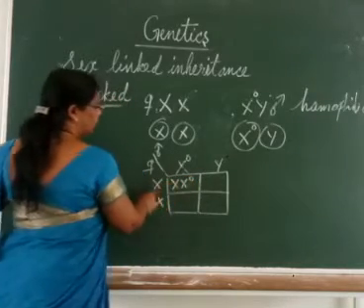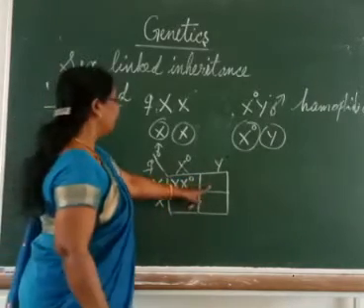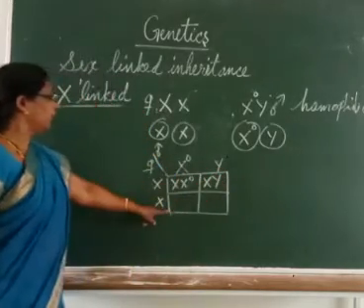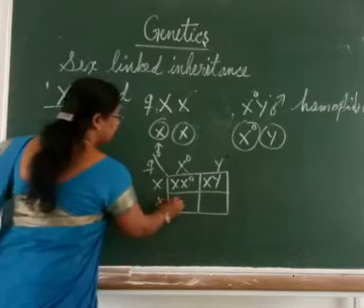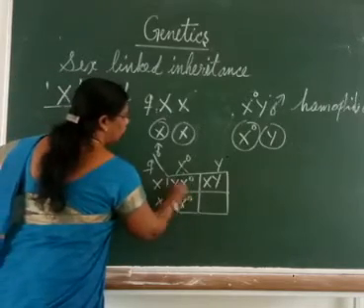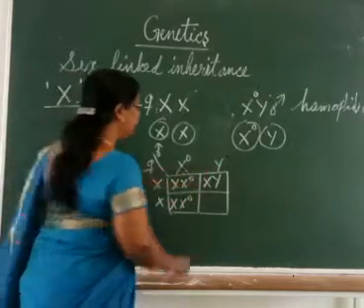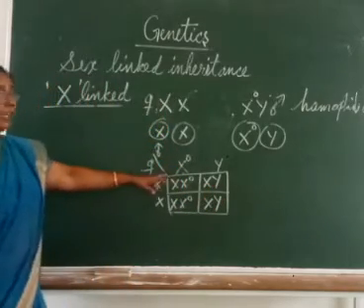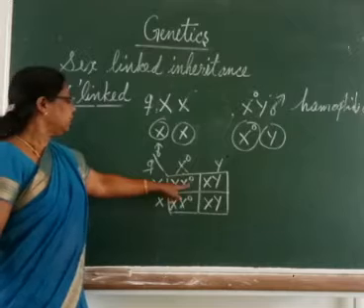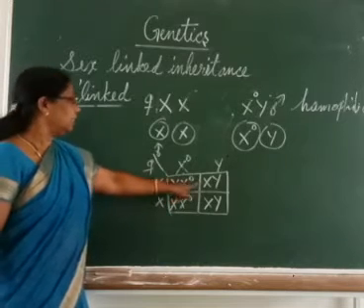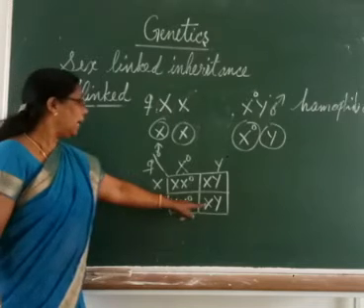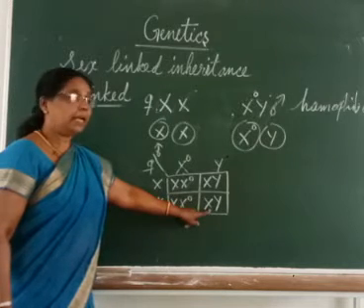So here you can see X0. Come on, tell me here, XY. The third one X0 and the fourth one XY. Now tell me, this is a female child, this is a male child, here again a female child, and this is a male child.